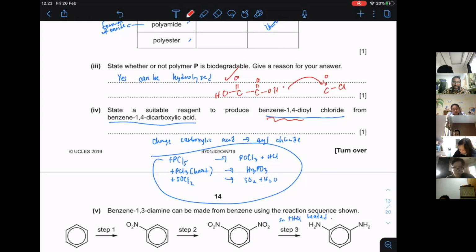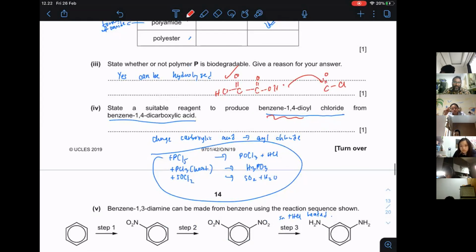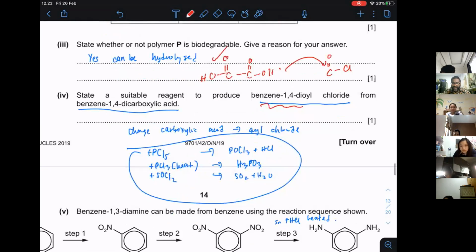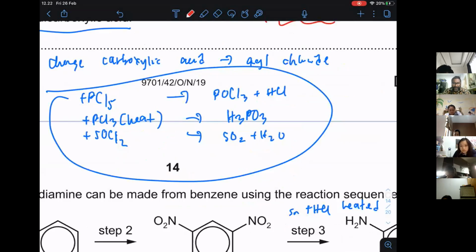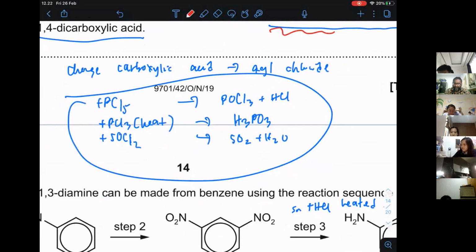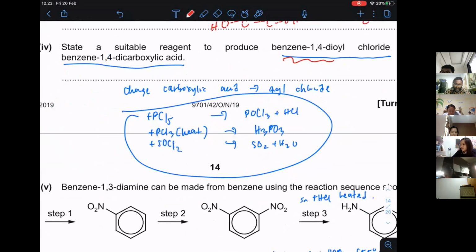There are three methods, and I have written down all three methods for you. You can choose. Do remember it's also applicable for alcohol and for halogenoalkane, and it is also applicable to our question over here, which is how to form benzene-1,4-dioyl chloride from the dicarboxylic acid.